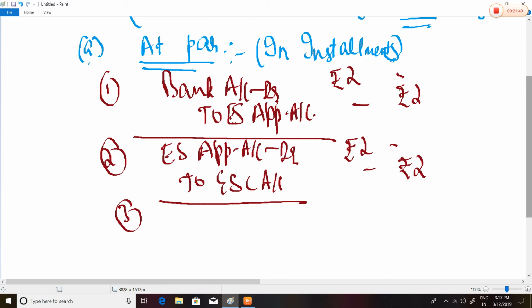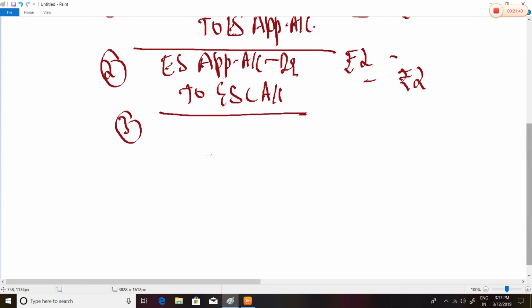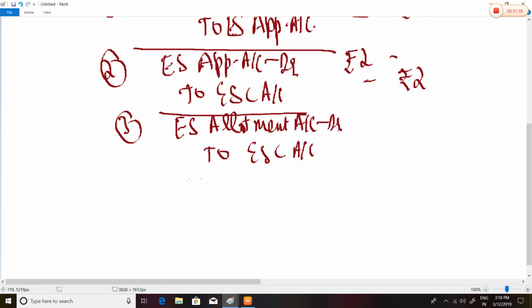Third entry would be on allotment. Firstly, we would make it due: equity share allotment account debited to equity share capital account, being amount made due.